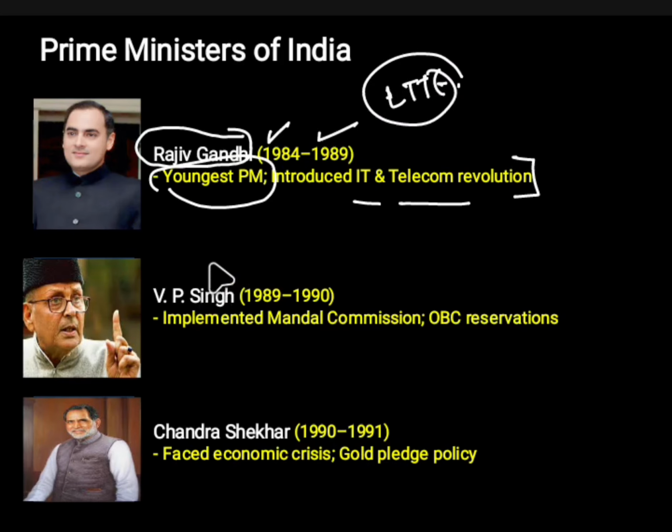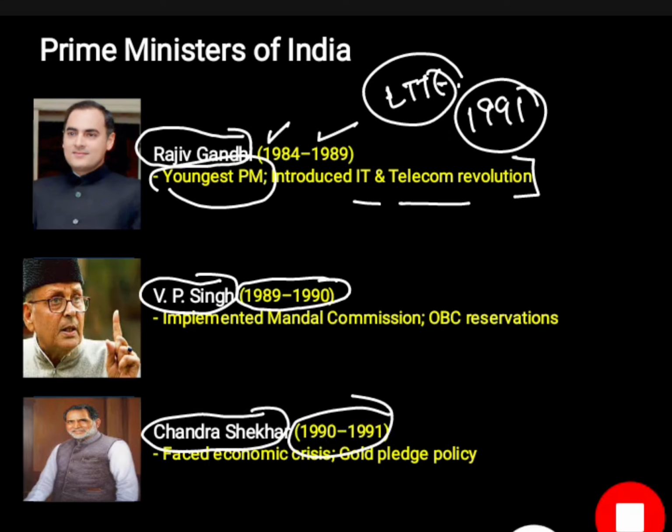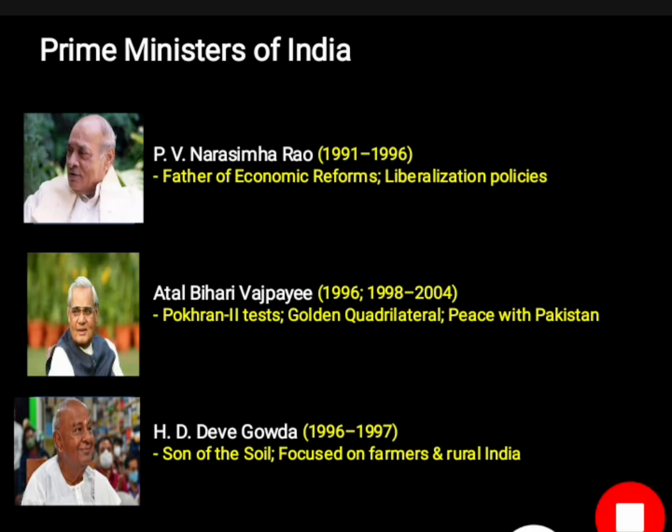In 1989, he lost the elections. After then, VP Singh became the Prime Minister from 1989 to 1990, and Chandrasekhar became the Prime Minister from 1990 to 1991. And in the year 1991, the Rajiv Gandhi assassination happened.